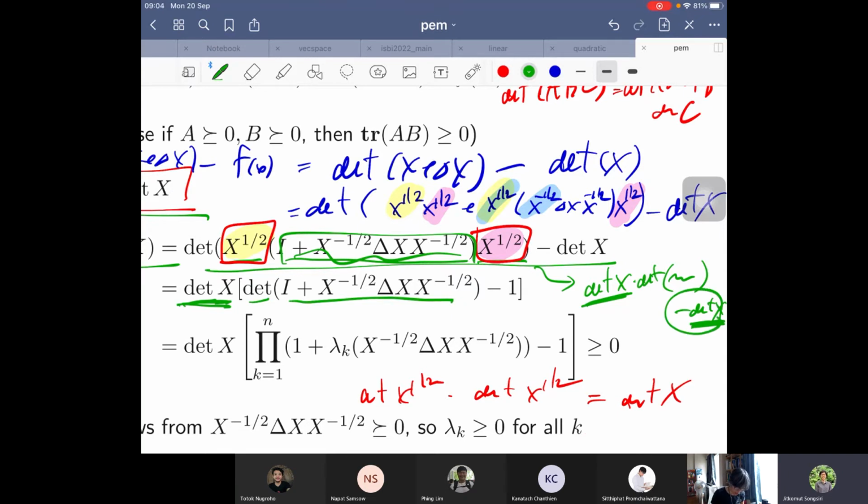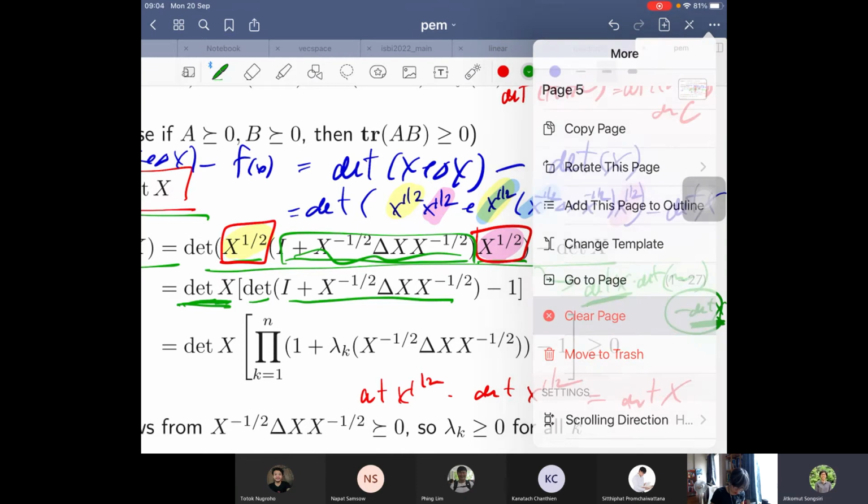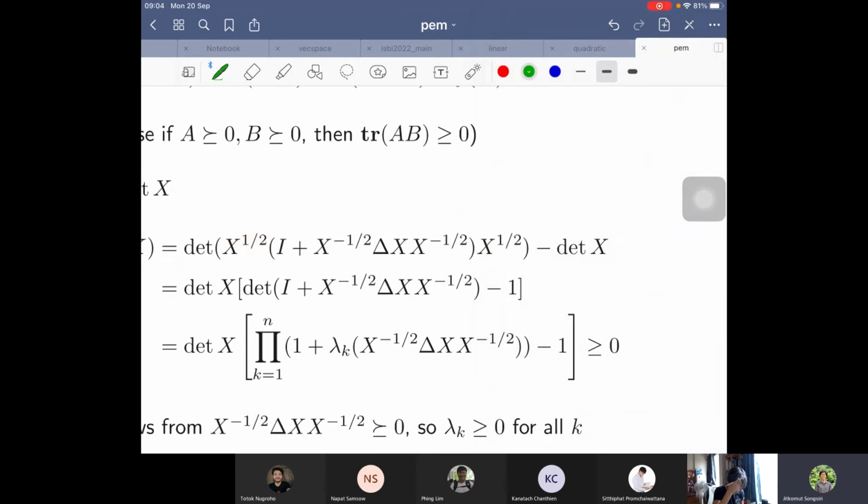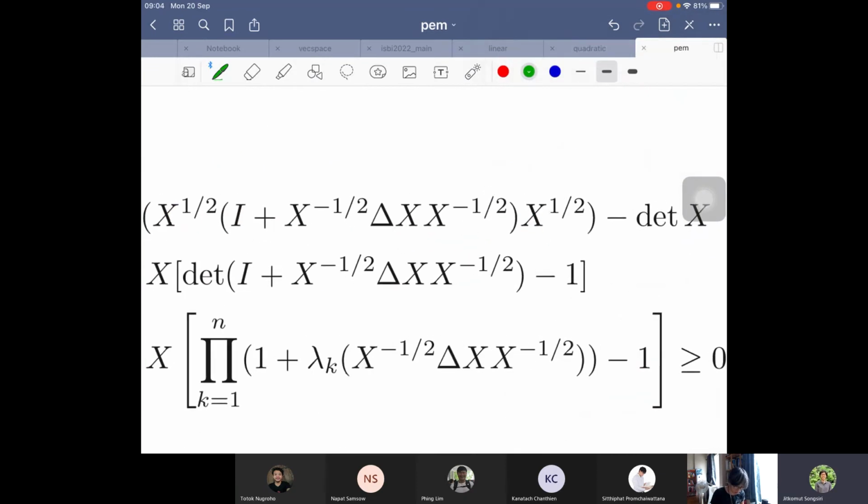Now we're going to notice that this long messy term has the form of the determinant of I plus something. Maybe I call it I plus A, where the matrix A is this one.